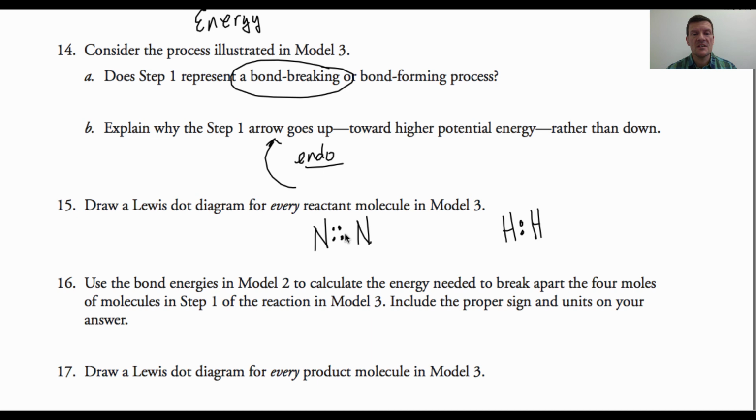Nitrogen has 5 valence electrons, so it's a total of 10. Oh, I think we're going to have a triple bond here, actually. Sorry about this, let's erase that. All right, so now we got 6, 7, 8, 9, 10. We have a triple bond right here, a triple bond in between the two nitrogens. This is a single bond.